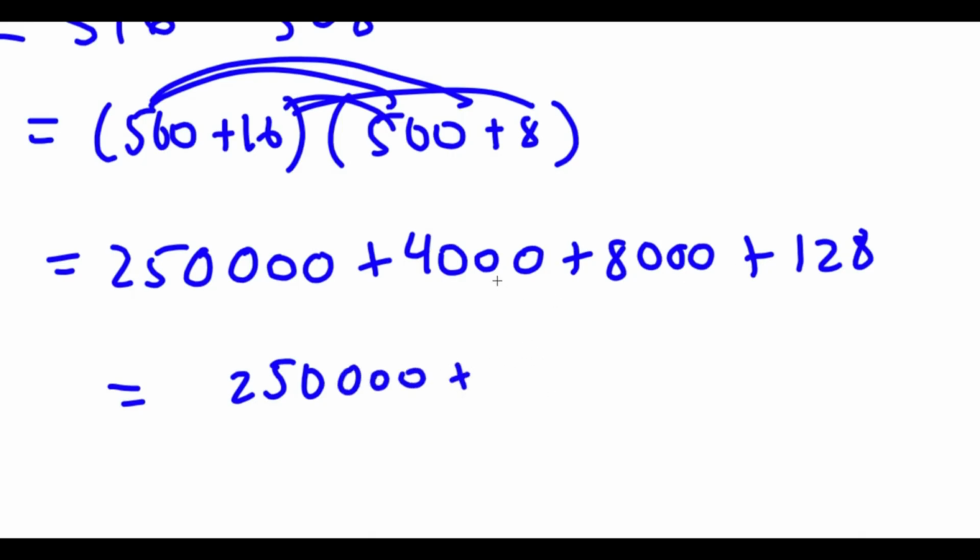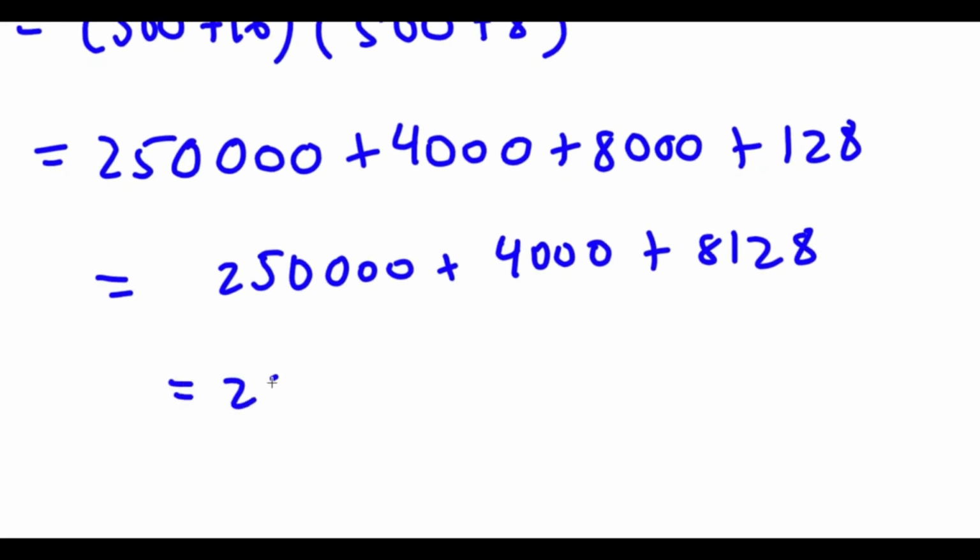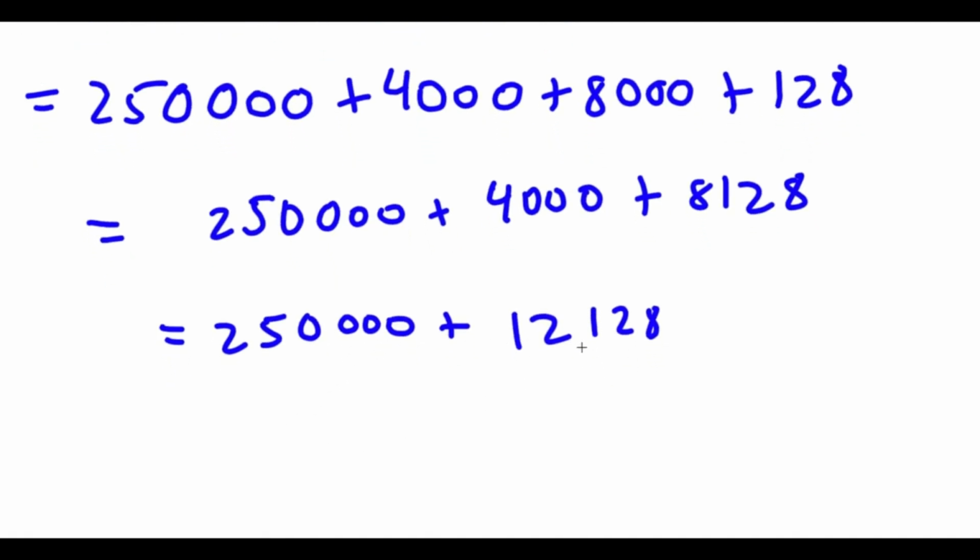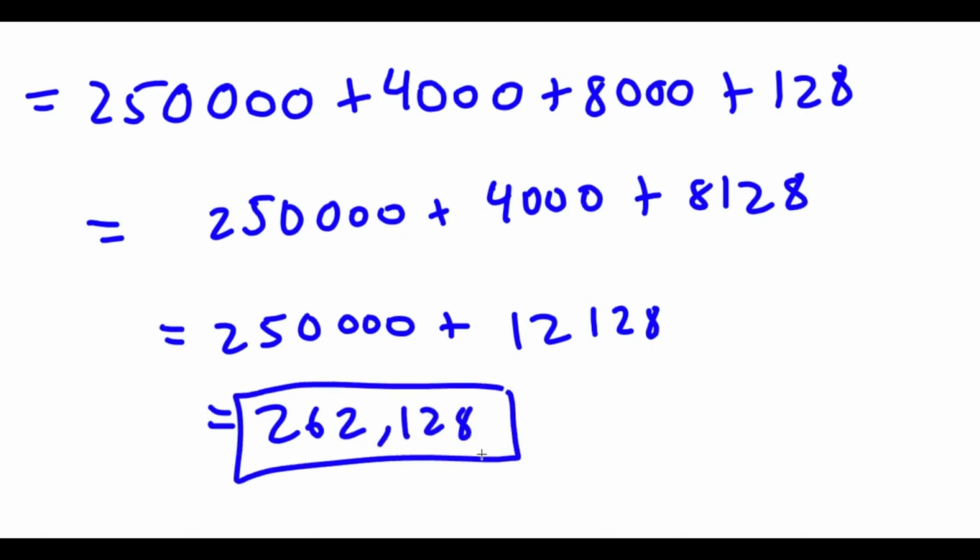And 4,000 plus 8,128 is 12,128. And now 250,000 plus 12,128 is going to be 262,128. So this is our answer.